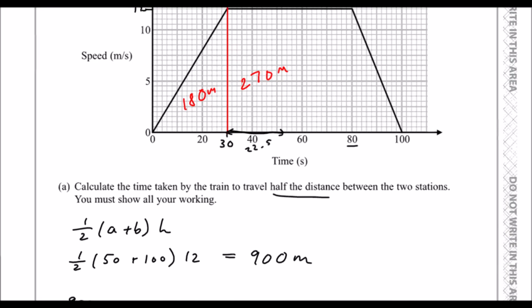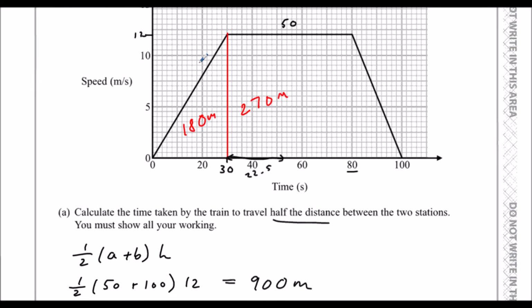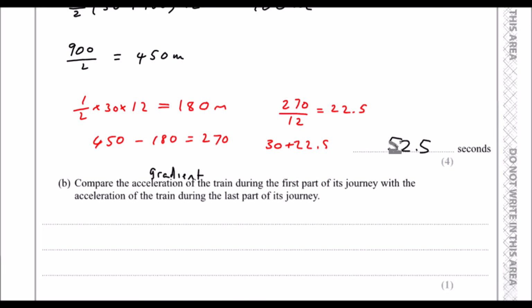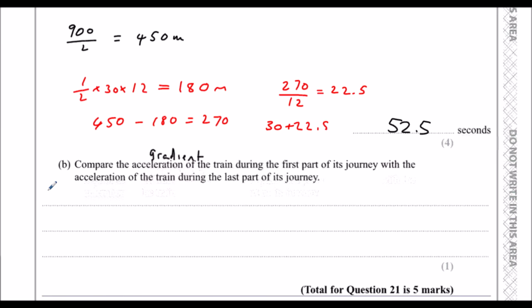So we could say the acceleration is positive for the first part and negative for the last part, or we could say it accelerated slower, it's less steep, in the first part than it decelerated. It decelerated quicker in the last part. So either of those comments are okay.